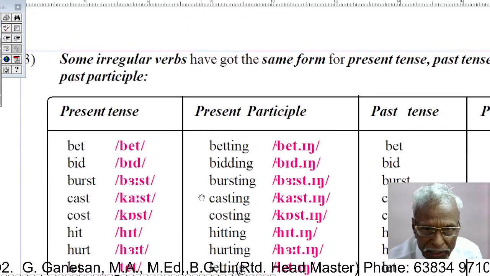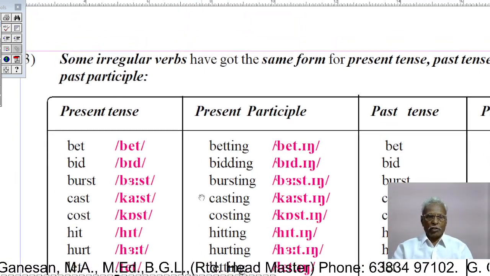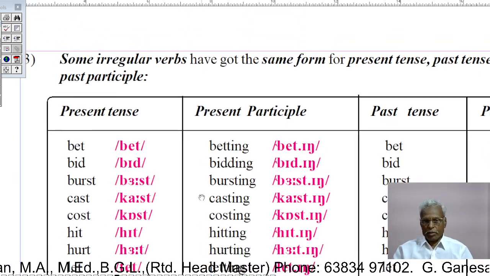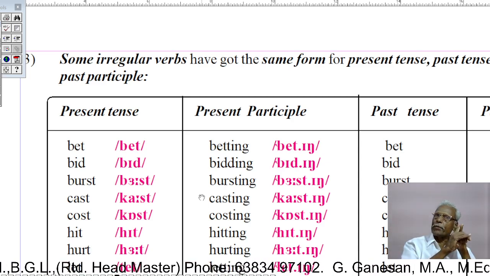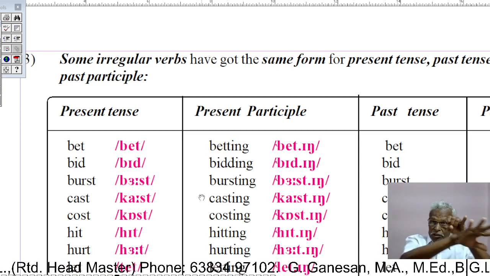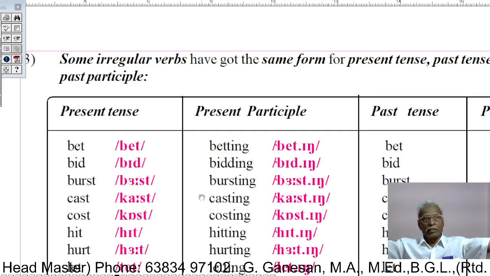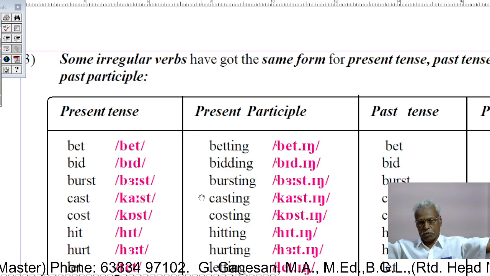Come to see the third way of forming the past tense and past participle. In the first type, irregular verbs have three forms for the three tenses: present tense, past tense, and past participle.